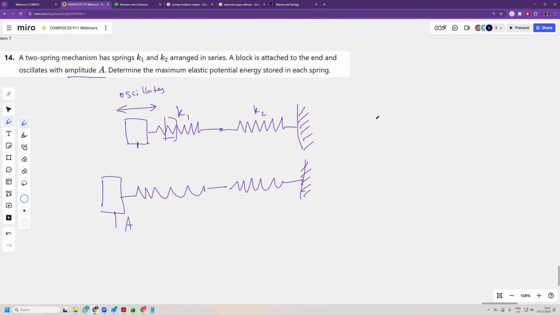Well, we know that the effective spring constant is K, which is K1 K2 divided by K1 plus K2.